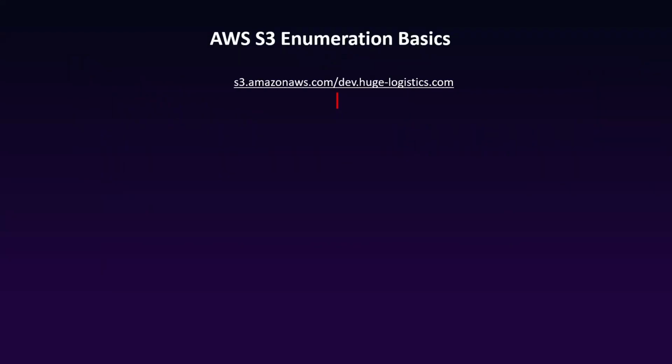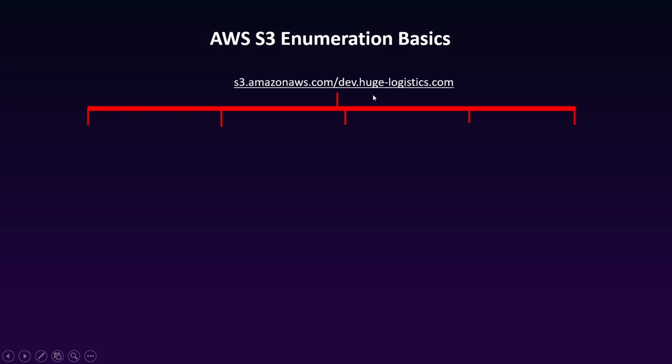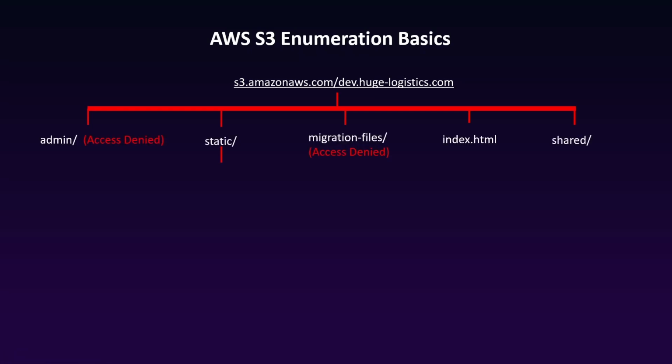So I have created these notes on AWS S3 enumeration basics, and I have provided the bucket name, and inside the bucket, by using the CLI, we can access these 4 folders and 1 file: the admin and migration files, static and shared files, right?